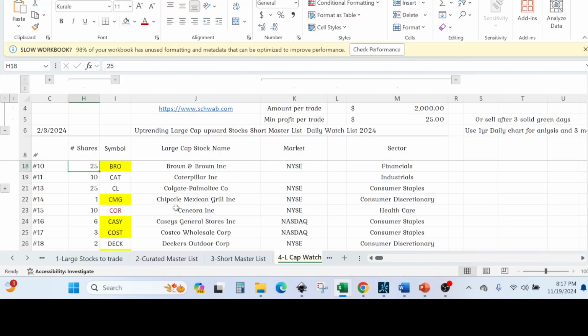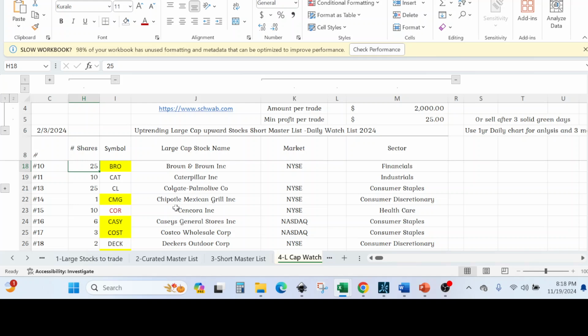Then I will open our stock watch list to see the stocks that are marked red, and I'll analyze them. If I see the first green bar tomorrow, I will buy them. Today they are red. Red means when the market closed, the price of that stock was lower than the price it opened at in the morning, so the price went down during the day.